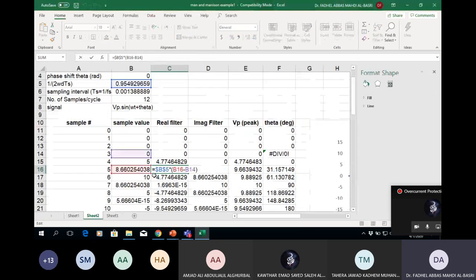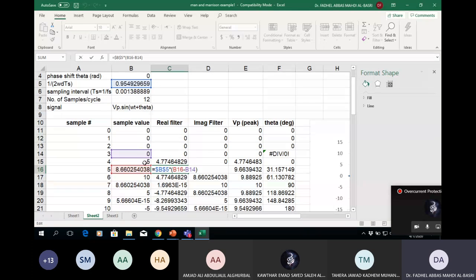So what's this equation? If I want to estimate the voltage V peak at sample 5, I assume now this is my V plus, this is my V0, and this is the V minus 1. So this is the recent sample, this is the one sample before, one sample before.